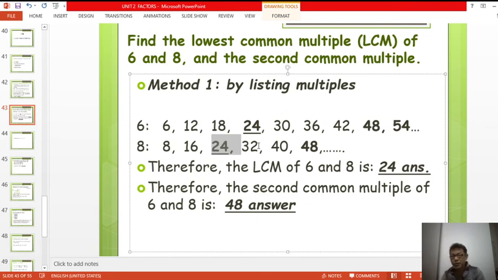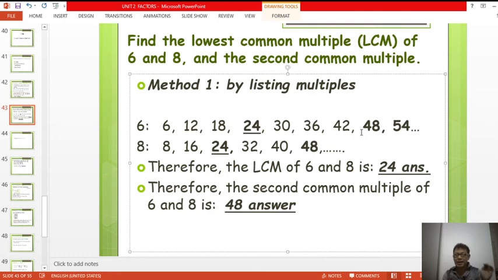And then when you move on and you see 48, then you need not go on and multiply 8 times 7. Why? You already have the second. The second question is what is the second common multiple? Since you already have the common multiple 48 and 48 here, you stop.